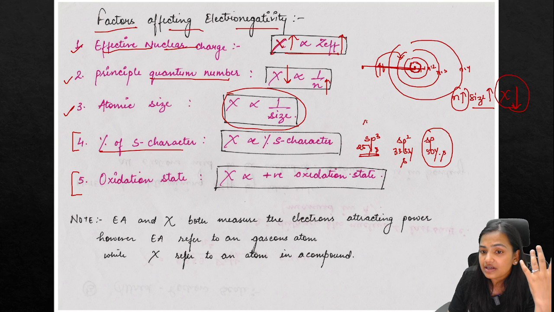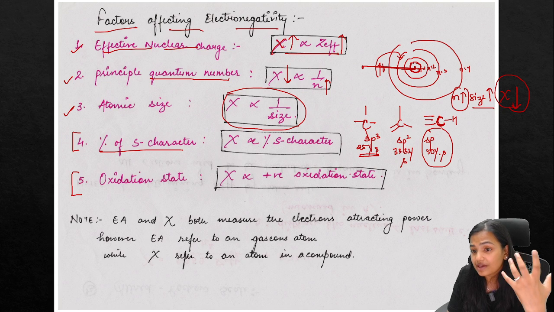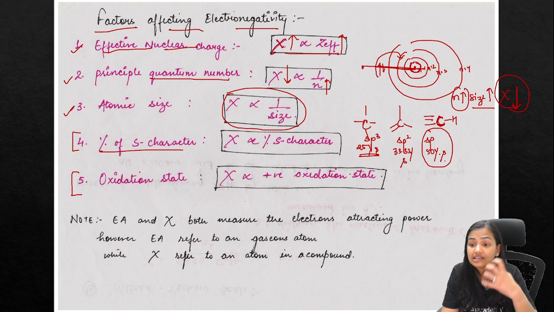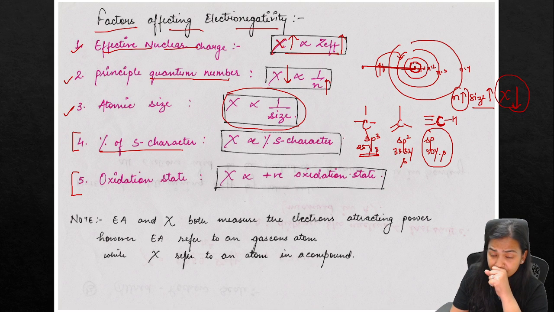So if I am having a carbon which is sp3 hybridized, sp2 hybridized, or sp hybridized, the carbon which is sp hybridized has 50% s character, and hence this becomes highly electronegative. So as the percentage of s character increases, the electronegativity increases. Please do understand this point.